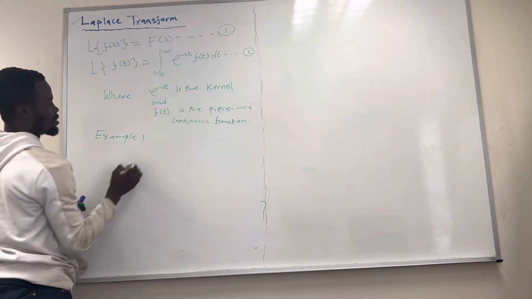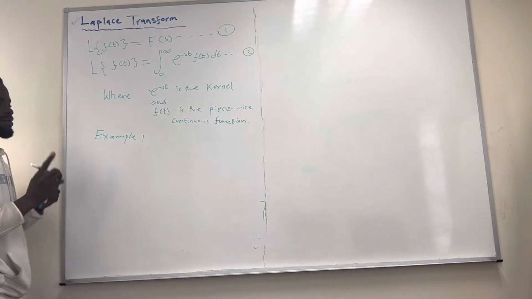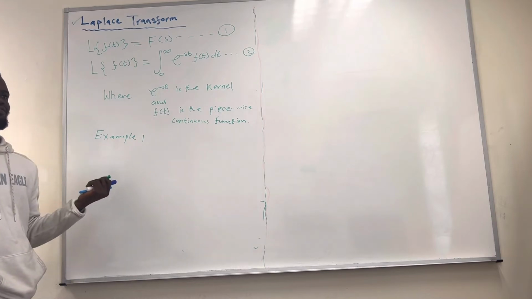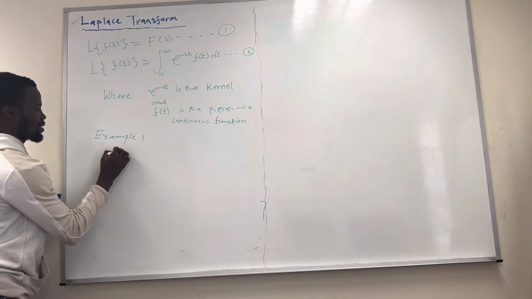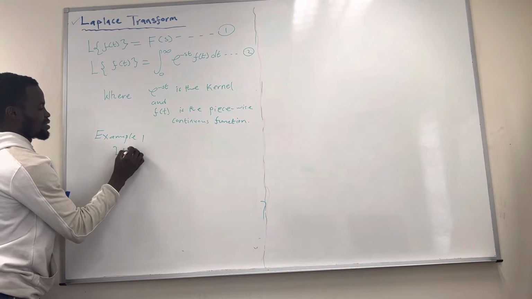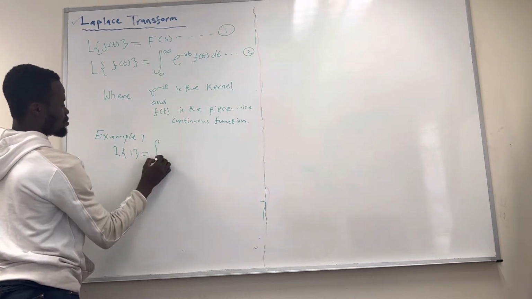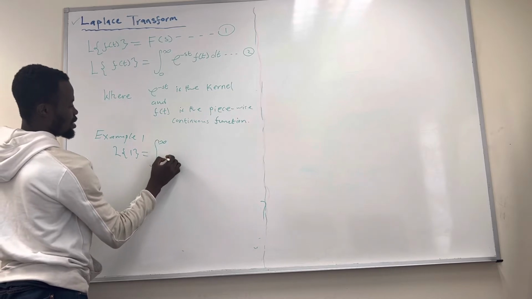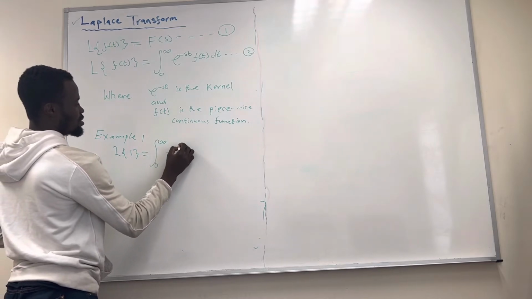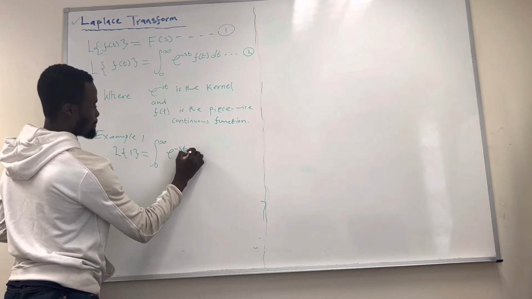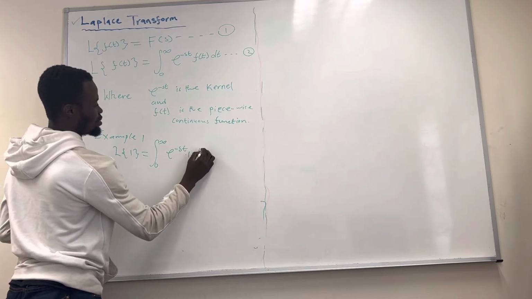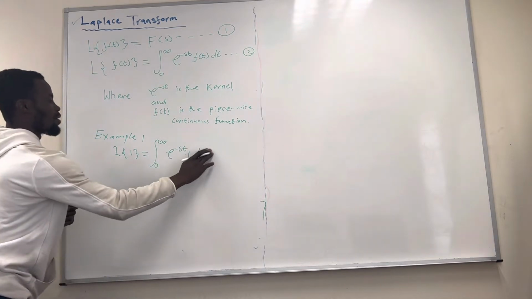Example 1. We are trying to find the Laplace transform of what? 1. So the Laplace transform of 1 is equal to the integral from 0 to infinity of e to the negative st times 1 dt. Okay, good.